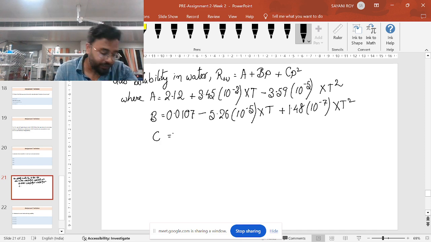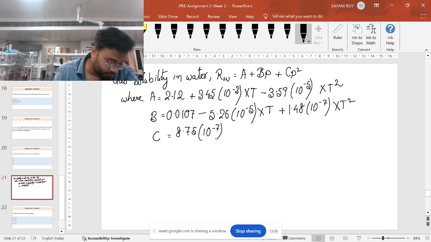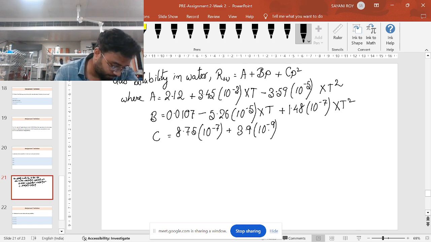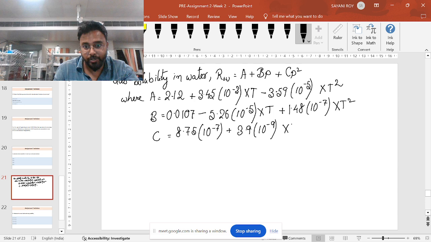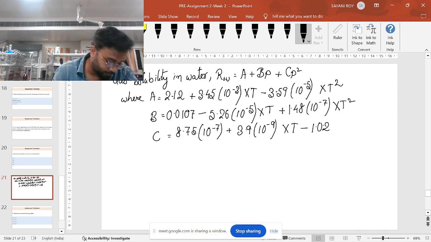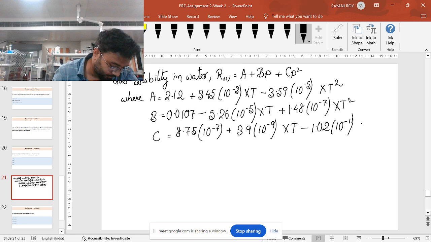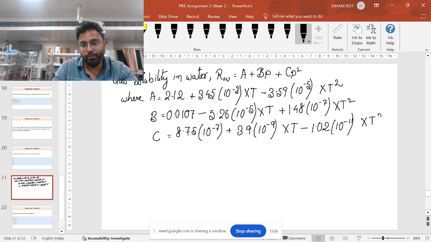For C it is equal to 8.75 into 10 to the power minus 7 plus 3.9 into 10 to the power minus 9 into T, minus 1.02 into 10 to the power minus 11 into T square. These are the formulas for finding A, B, C.